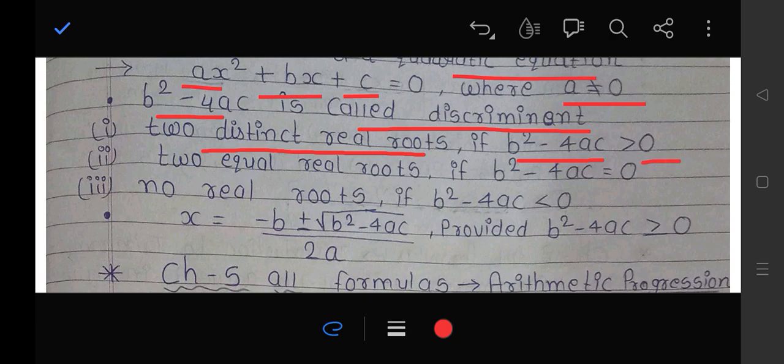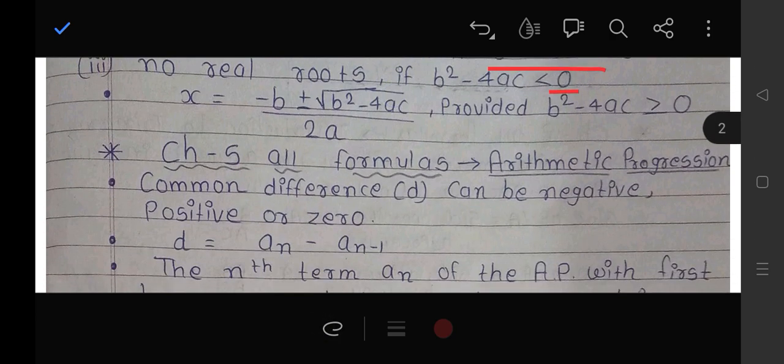Two equal real roots if b square minus 4ac is equal to 0. No real roots if b square minus 4ac is less than 0. x is equal to minus b plus minus under root b square minus 4ac upon 2a, provided b square minus 4ac is greater than or equal to 0.